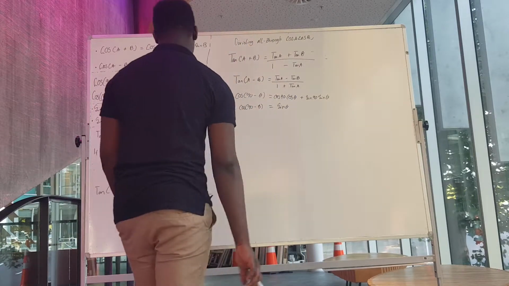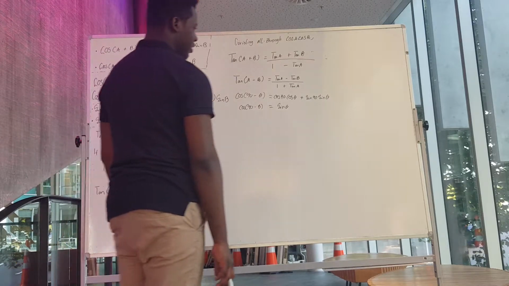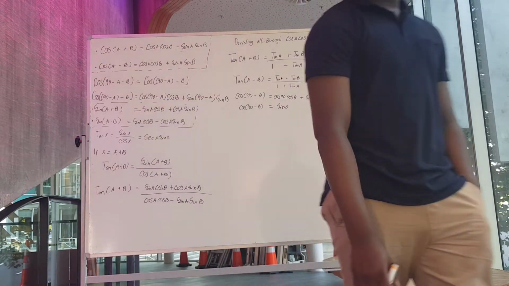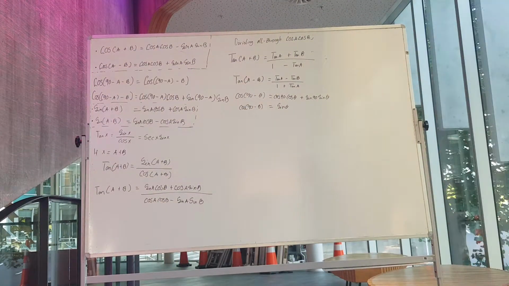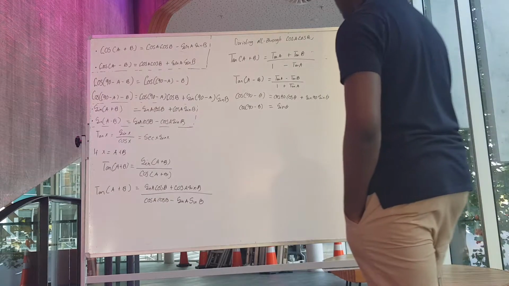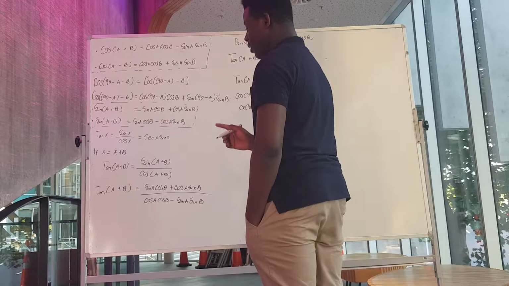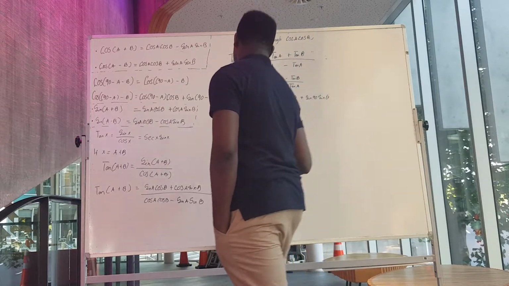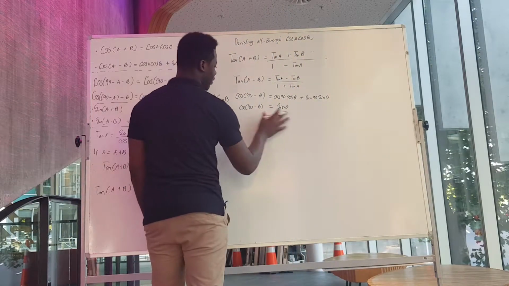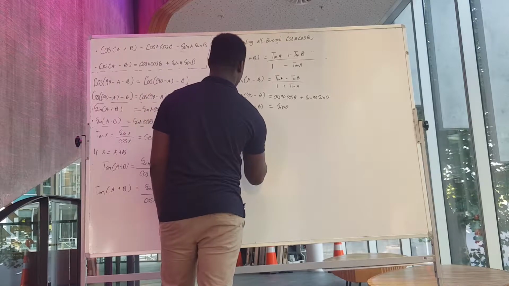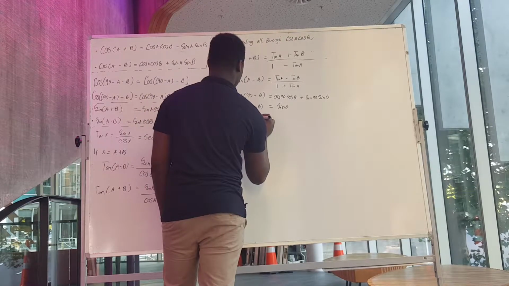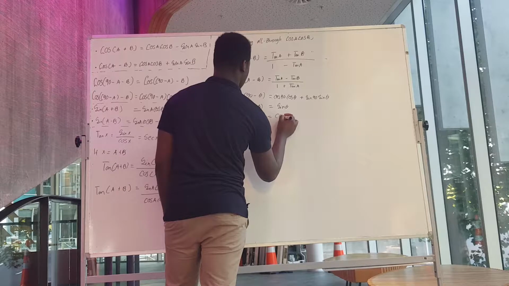And you can do the same for sine as well. Another thing I need you to know is that just as this is true for sine and cosine, it's also true for cosec and sec. So we have this to be true for cosine, and also that sine(90 - theta) is equal to cosine theta.